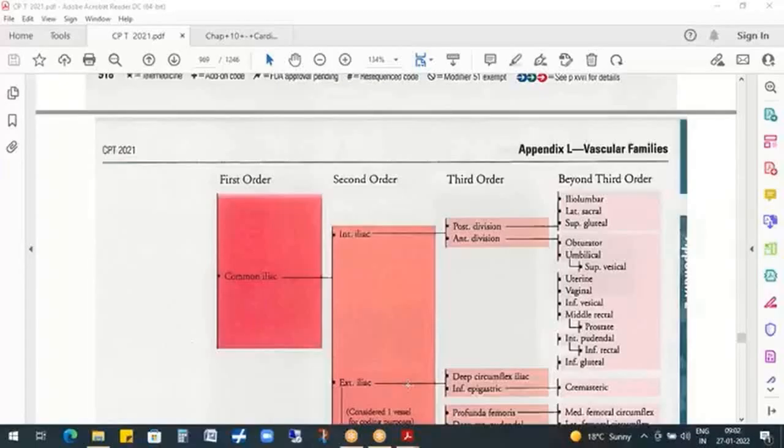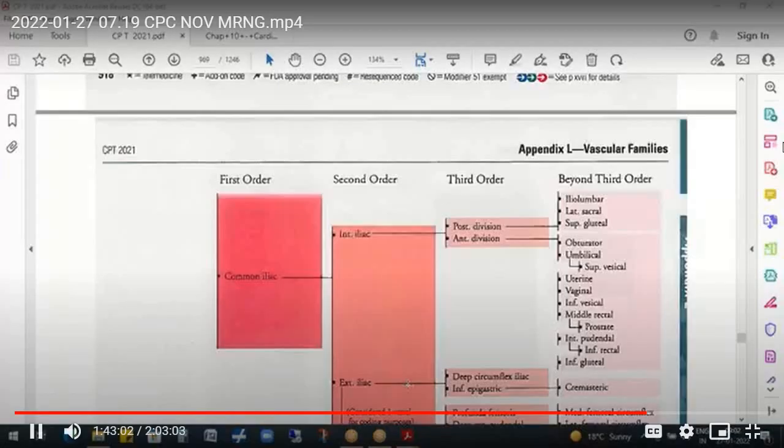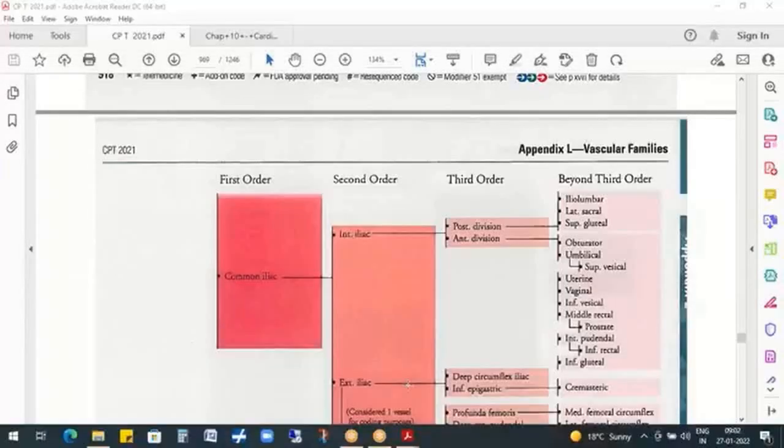Is it in first order, second order, third order, or beyond the third order? I said the family is iliac. Iliolumbar. Yes, Smita. Are you at common iliac? Yes, sir. Okay. Beyond the third order.